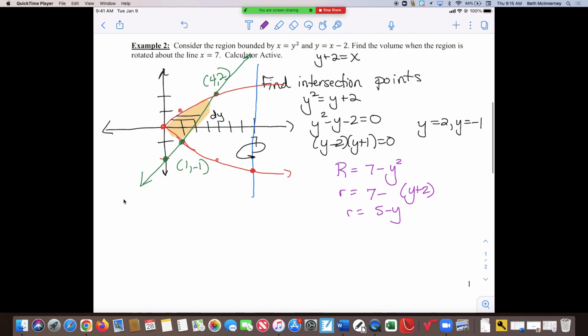So then volume equals pi times the integral. Now I'm looking at the region, and my limits of integration are the y values in that region. So what are my limits of integration here? -1 to 2. So then you're going to take 7 minus y squared, squared, minus 5 minus y, squared, dy.